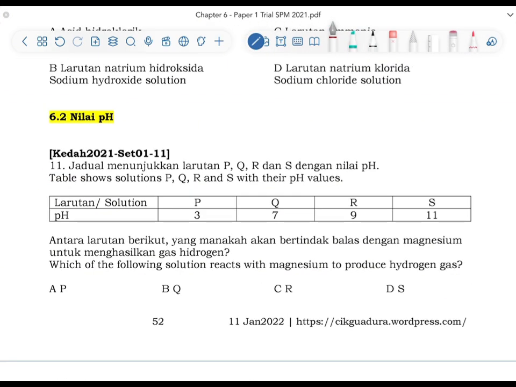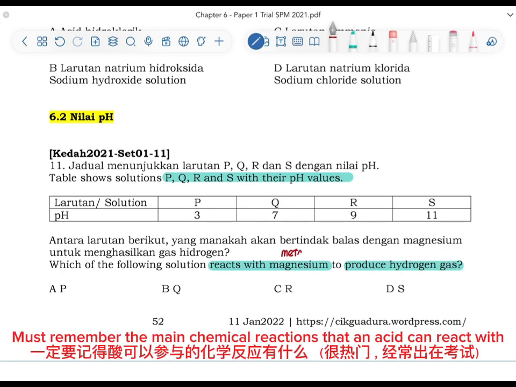Okay, the table below shows solutions P, Q, R, and S with their pH values. The pH is 3, 7, 9, and 11. Which of the following reacts with magnesium to produce hydrogen gas? Magnesium is a metal.